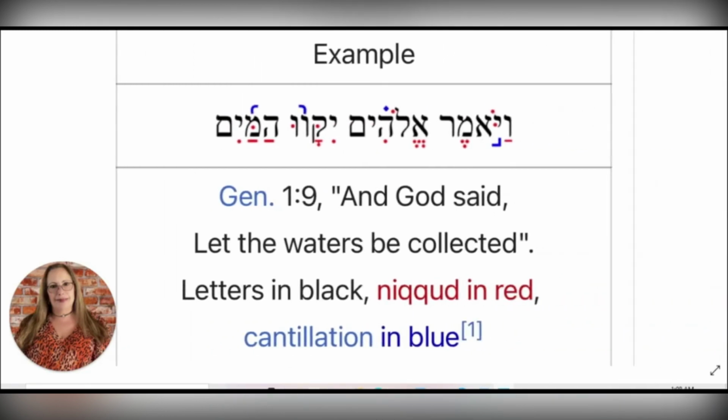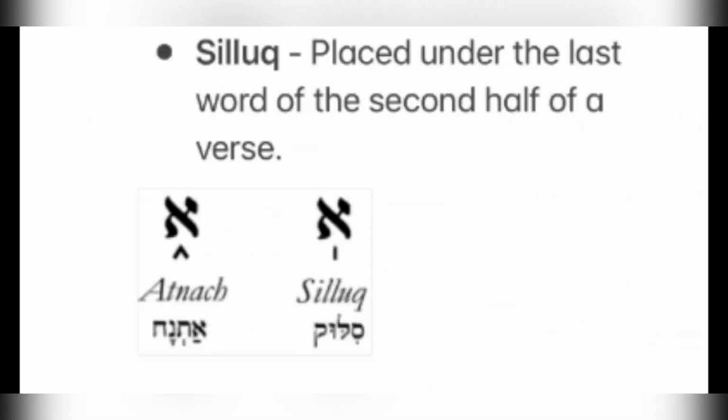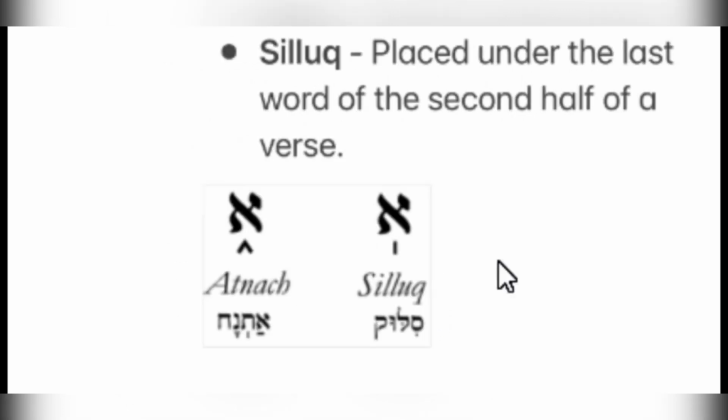Now, the Siluk is placed under the last word of the second half of the verse. And here's the Siluk. It almost looks like an I. It looks like an I without the dot. That's a Siluk.